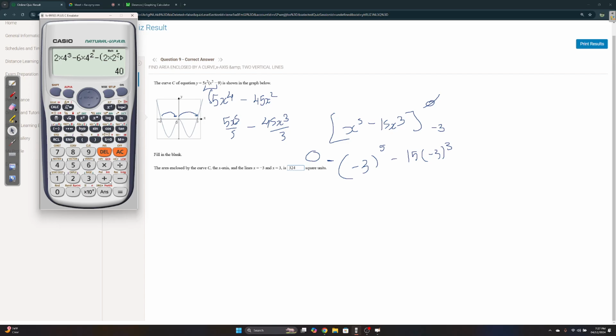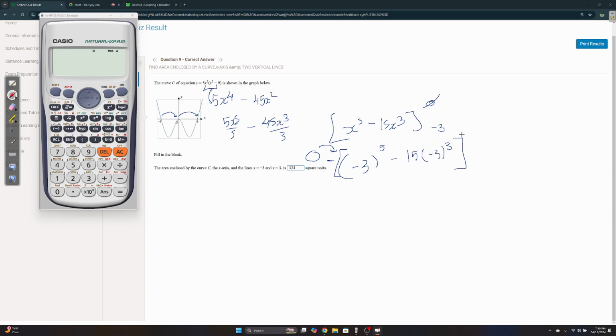Let's do it. It's going to become minus. You have minus 3 to the power of 5 minus 15 times minus 3 to the power of 3. I paused the recording, but I put 0 minus and then I did this, and I should close the bracket.